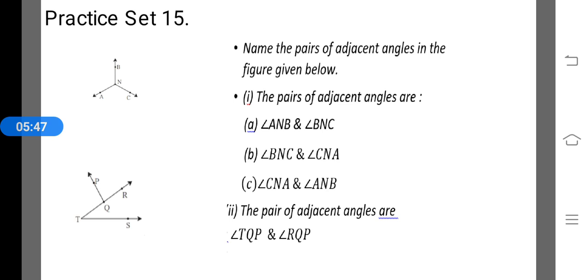The next question. In the next figure, common vertex is Q and the common arm is PQ. Therefore, the adjacent angles are angle TQP and angle RQP.